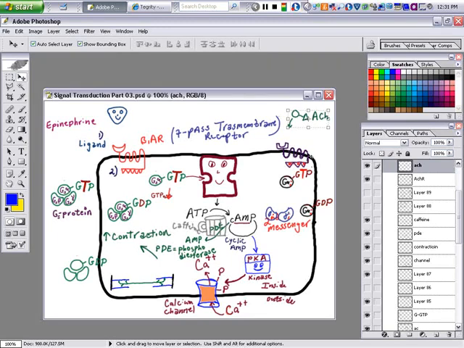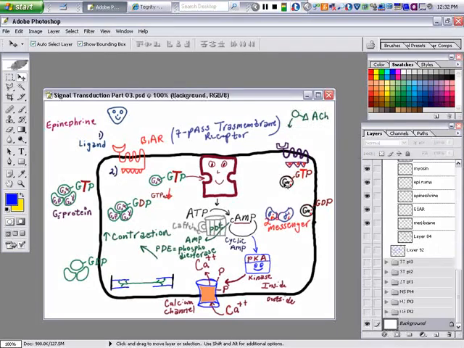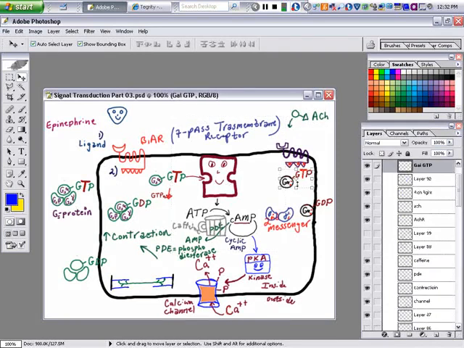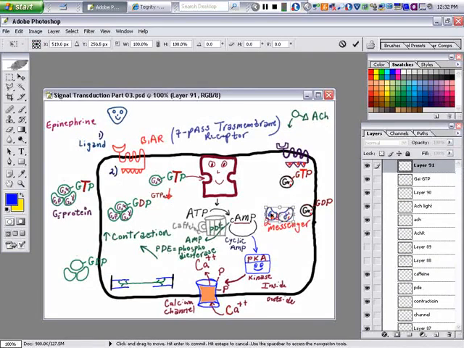A 7-pass receptor is also known as a G protein coupled receptor. And so in this situation, the G protein is not going to be G stimulatory, it's going to be G inhibitory. You start out with the G inhibitory trimeric protein, GDP, then it exchanges for GTP, you lose beta and gamma.